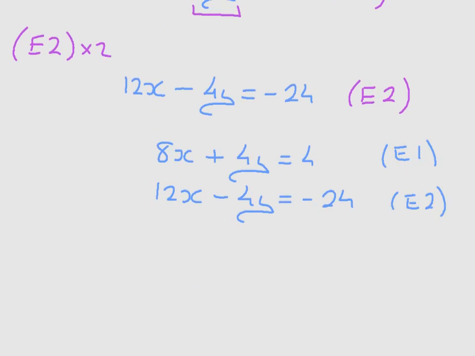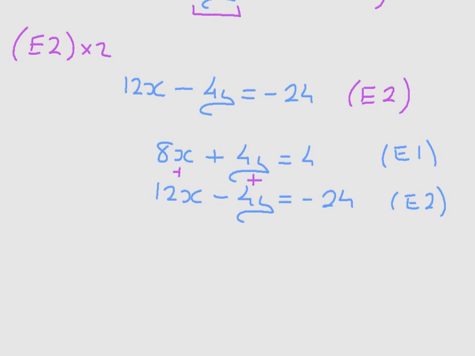Now the trick to eliminate one of the two unknowns is going to be to either add or subtract one equation from the other. Looking at these two equations, which we write on top of each other, we can see that if we were to add the 8x and the 12x, we'd end up with 20x, and similarly, if we were to add the positive 4y to the negative 4y, the y's would cancel out. In other words, we'd eliminate the y's, which is exactly what we're looking for.